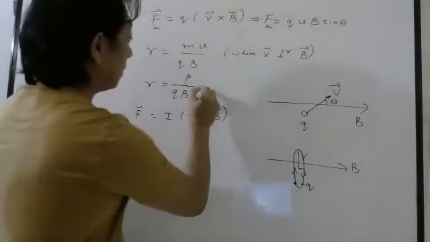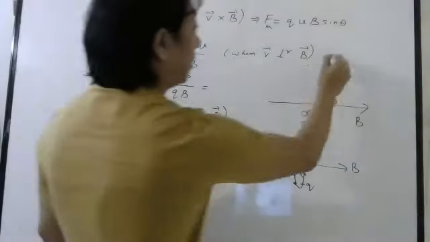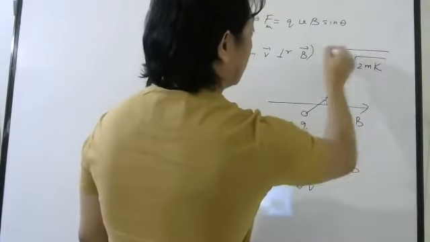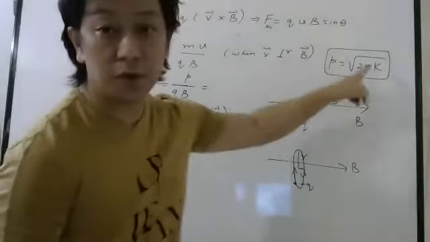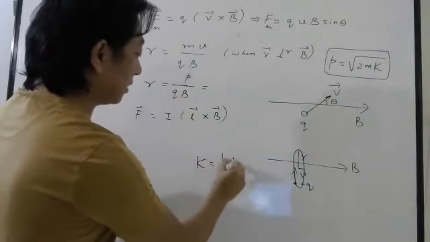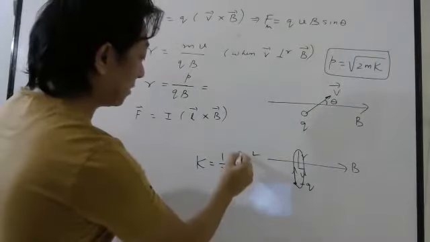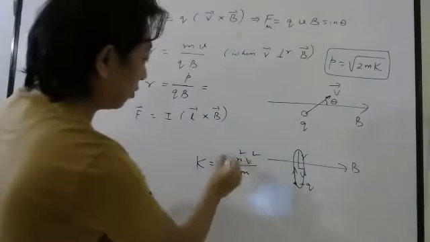Then in terms of kinetic energy also we can write. How we can write? Momentum is root of 2m kinetic energy. Okay, so this formula you should remember. Everyone knows this formula. Kinetic energy is half mv square. Correct or not? Just multiply by mass, divide by mass. Same thing only, right? So this is momentum square.